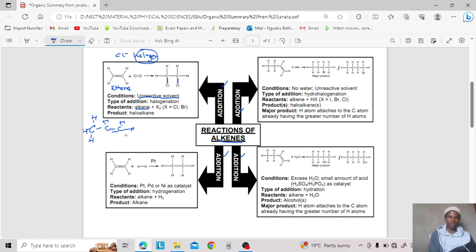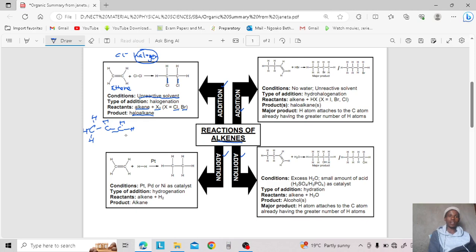Now it reacts with X2. What does this X represent? It normally represents chlorine and bromine. If the reaction goes to completion, the product will be a haloalkane.